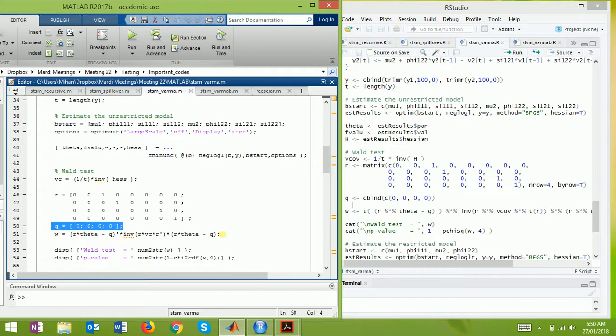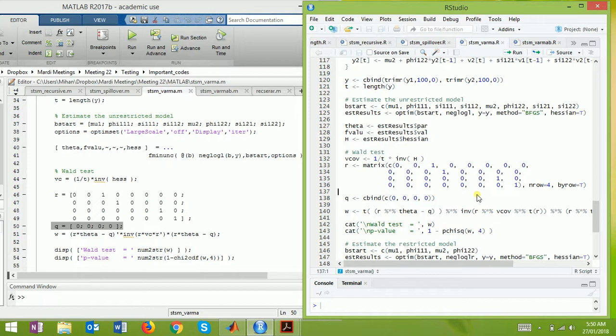So you have R theta minus Q, inverse of R VC R transpose, and R theta minus Q transpose. So we create a matrix.